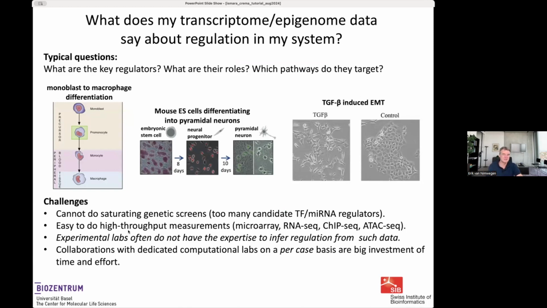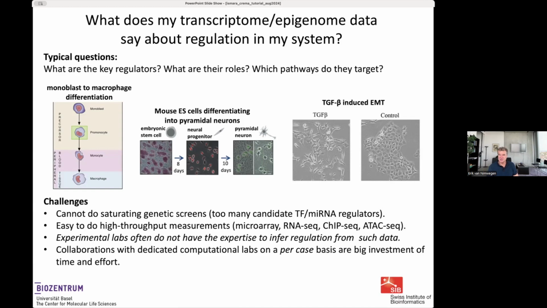So here are some examples of systems that we've worked on: differentiation of monoblasts into macrophages, mouse stem cells differentiating into pyramidal neurons, epithelial mesenchyme transition as induced by TGF-beta treatment. So these are just some examples of things that we've worked on with experimental groups, and where the people doing the measurements on these systems were interested in how these processes are regulated.